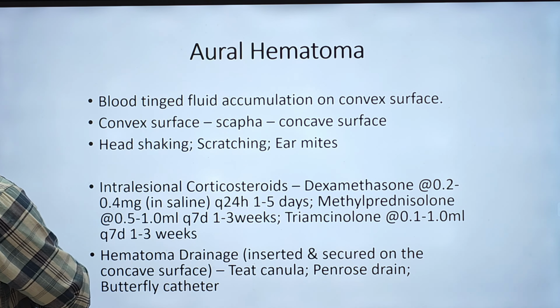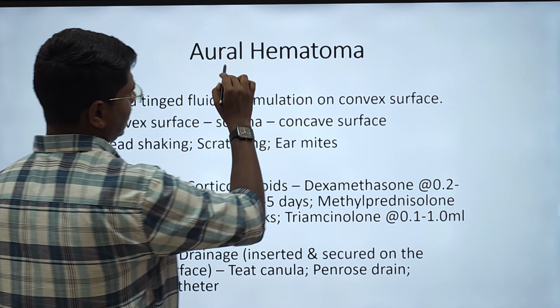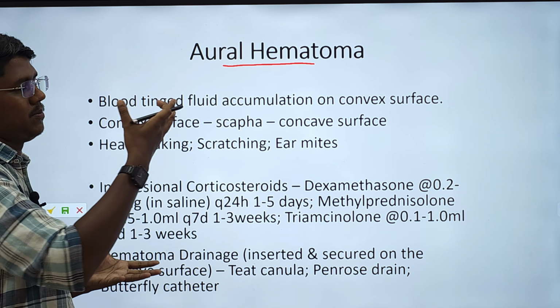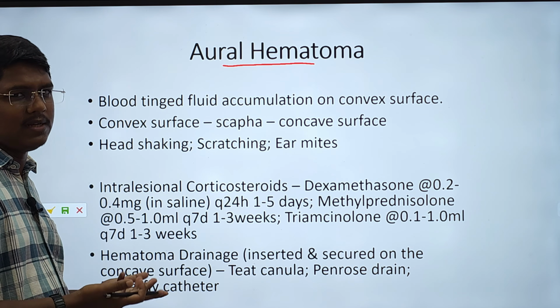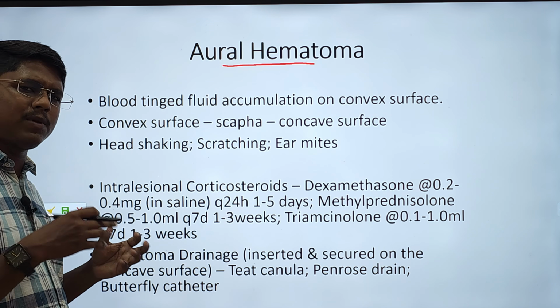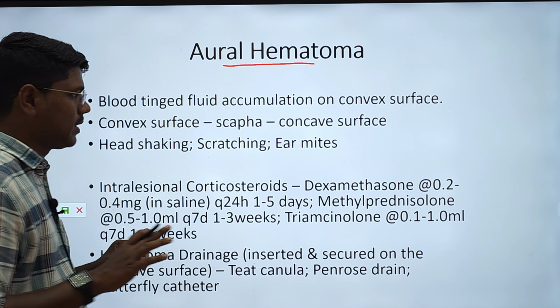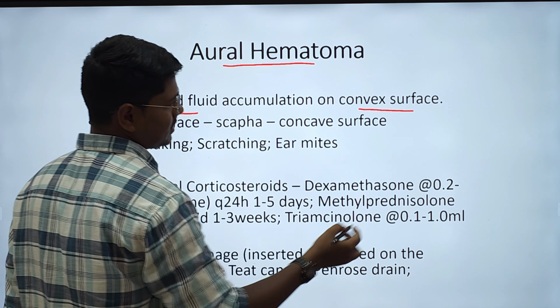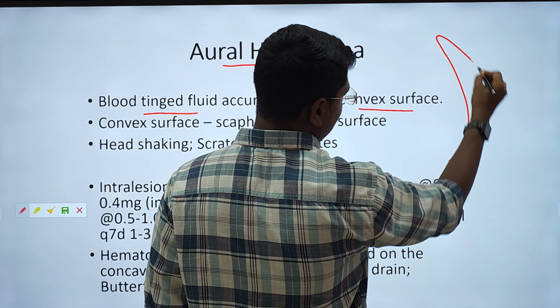Next, aural hematoma, very common in almost any veterinary dispensary. You will find cases of aural hematoma. It may be due to any cause, mostly parasitic, or it can be traumatic. It is a blood-tinged fluid accumulation on the convex surface. The ear has a concave surface and a convex surface.